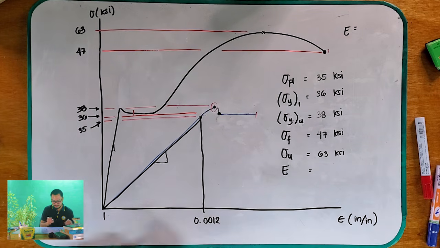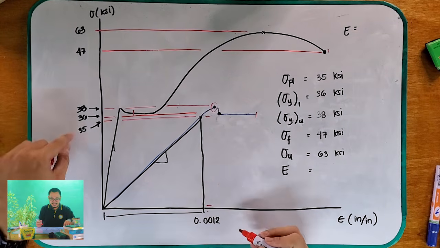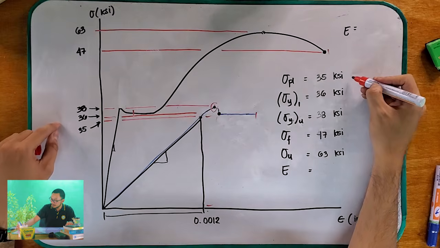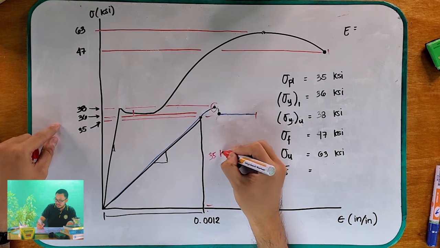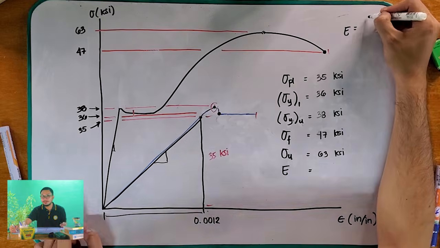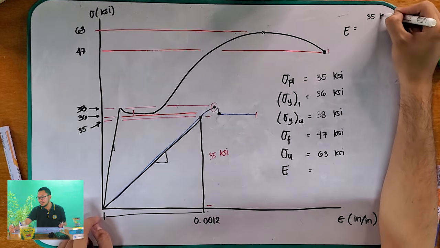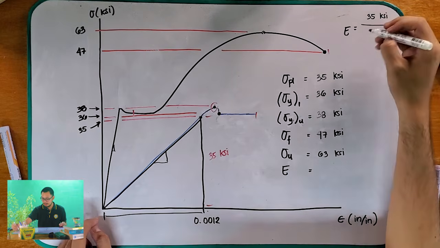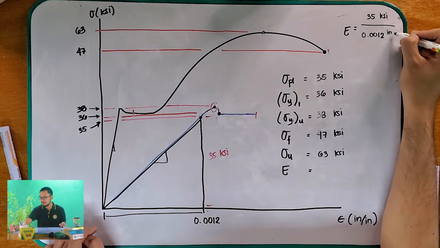How about the height? The value of this height is basically your proportional limit. What is your proportional limit? 35 KSI. So to get your modulus of elasticity, all you have to do is divide rise over run. So 35 KSI divided by 0.0012 inches per inch.